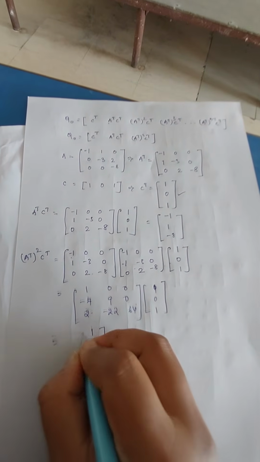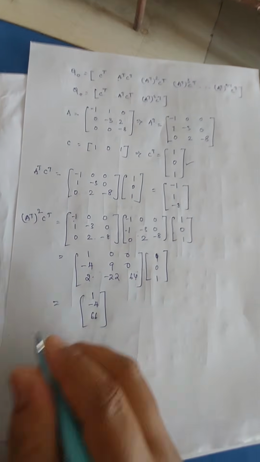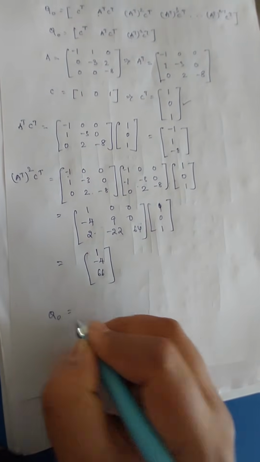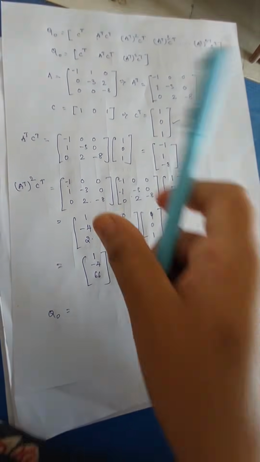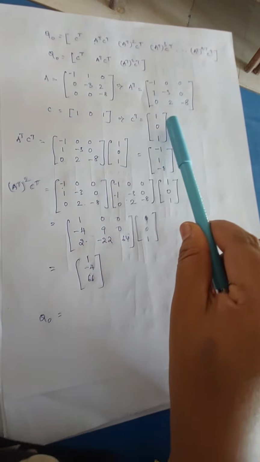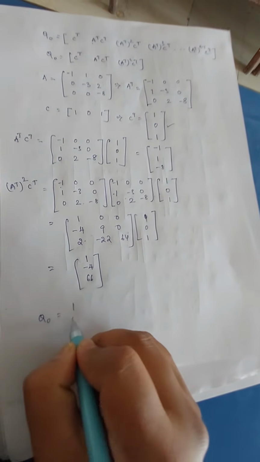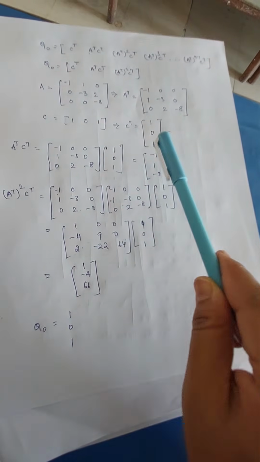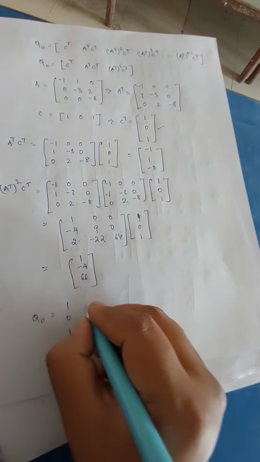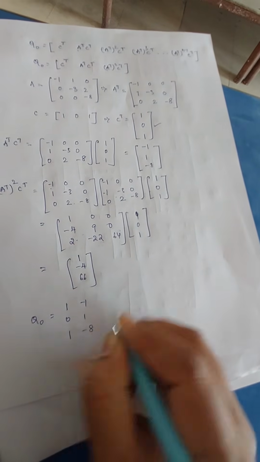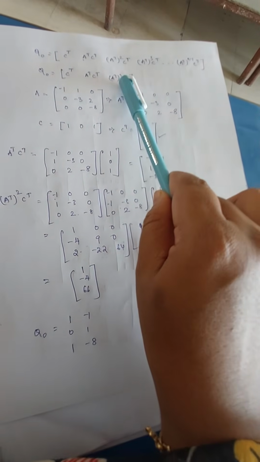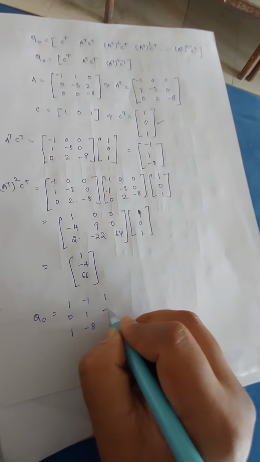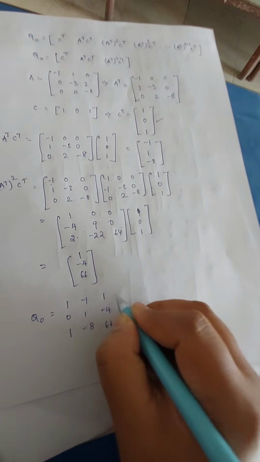Now when we represent the matrix Q naught, the first column C transpose is 1, 0, 1, the second column is minus 1, 1, minus 8, and the third column, A transpose whole square C transpose, is 1, minus 4, 66.